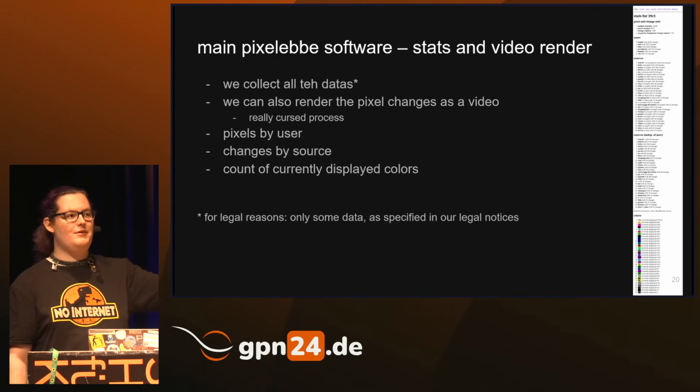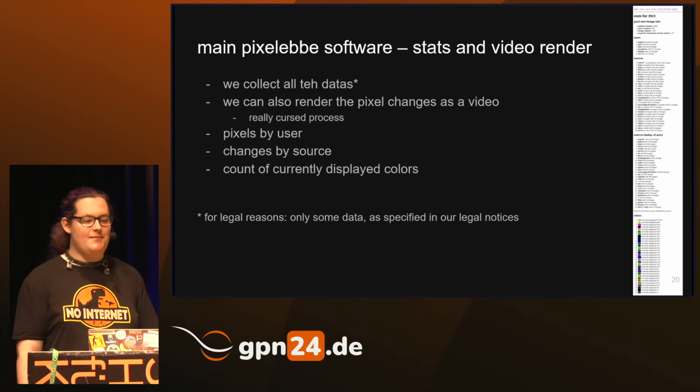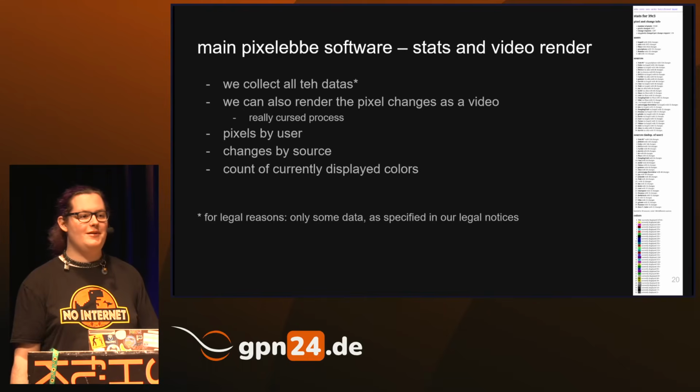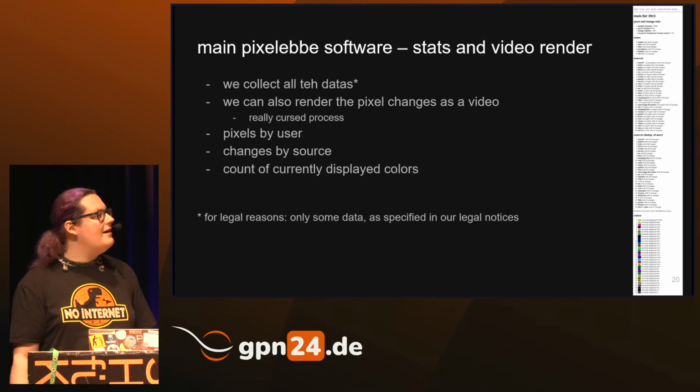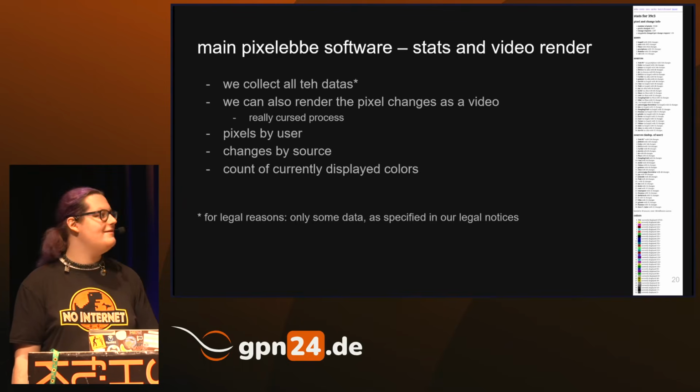So if I set 50 pixels via postcard and then Paul sets 50 pixels via postcard, we can also see the source concatenated. We also have a stat of what color has been set most on the canvas or is currently displayed most on the canvas. We had a small test in which we set every single pixel to the same color, and some of our stats broke, so we added that as a debugging method.